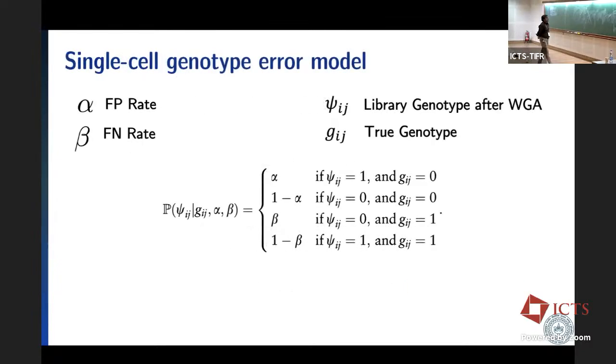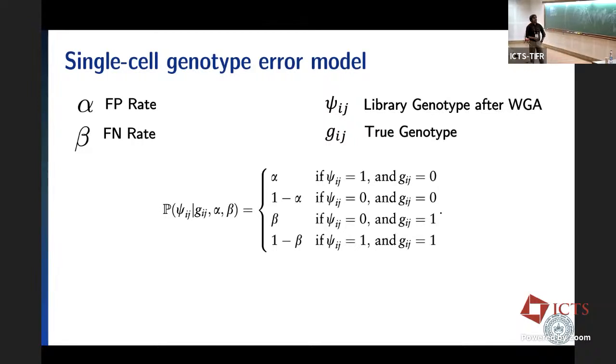So now we actually come to this single cell genotype error model. What exactly is this one? So as I said earlier, we have allelic dropout or the missing data, right, which can result in a loss of mutation information. So essentially there was a mutation originally in the cell, but in the sequencing data we are not seeing any signal because of allelic dropout, right?